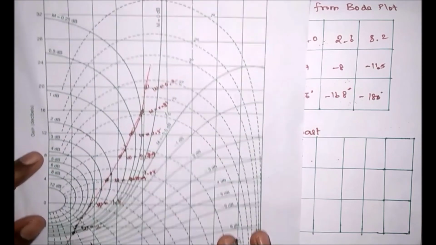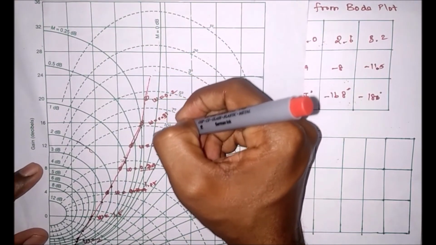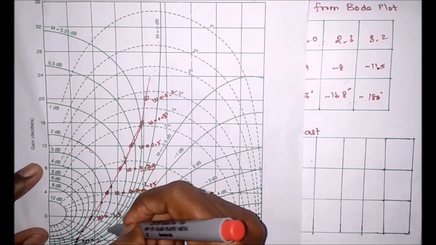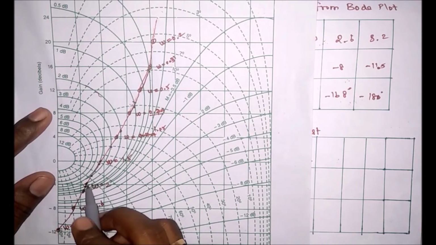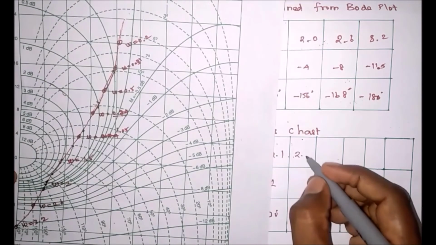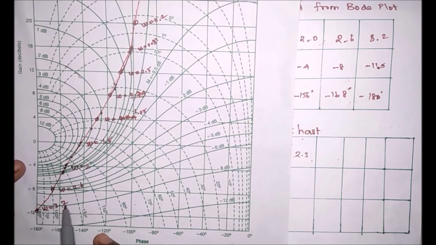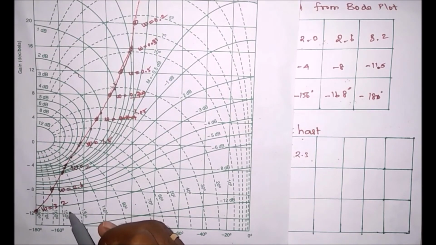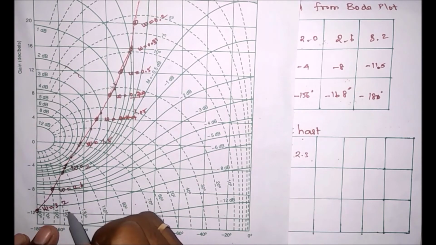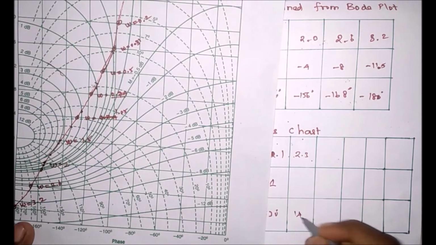This line is coming this way and meeting at this point. So this is 2.6, this is 2, so it is 2.3. So therefore omega equal to 2.3. This point is lying in between these two. The angle is nearly, here 130, 150. It is lying at this point, so it is 140 degree.